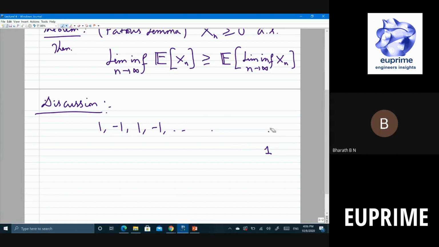But it seems to go to 1, and it seems to go to minus 1. It sort of oscillates between the two. Think of this, for those in communications, as your power. You boost the power, reduce the power, boost, reduce, and so on at different stages.